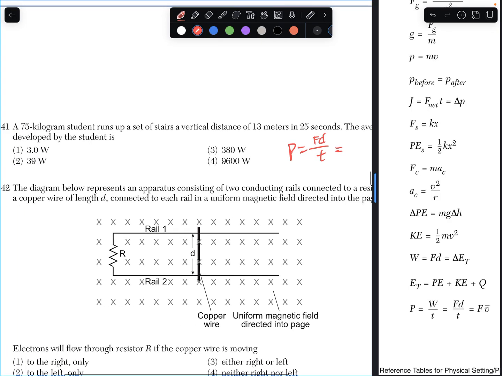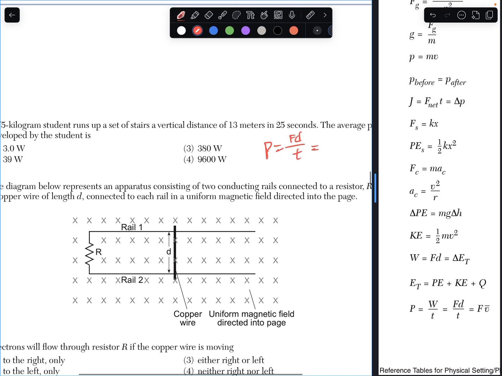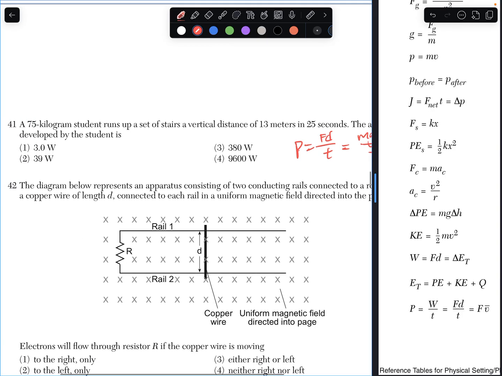The student has to run against gravity, so the force is his weight, mg. P equals mgd divided by t. m is 75, g I'm going to use 9.81, and d is 13, divided by 25. So the answer is about 380.